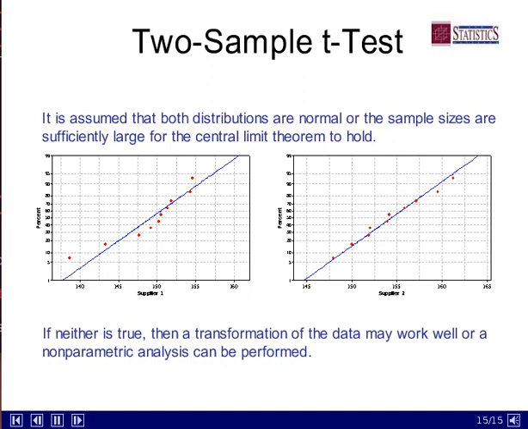Common transformations are the log and square root. And if that does not work, there are also procedures designed out there to handle non-normal data. Those are typically called non-parametric tests, where we assume no shape to the distribution at all, and we can solve that. In particular, for a two-sample t-test, we use what is referred to as the Mann-Whitney test as the non-parametric alternative to the two-sample t-test.